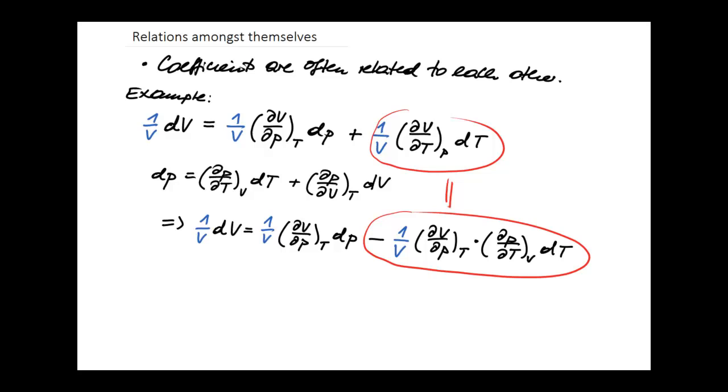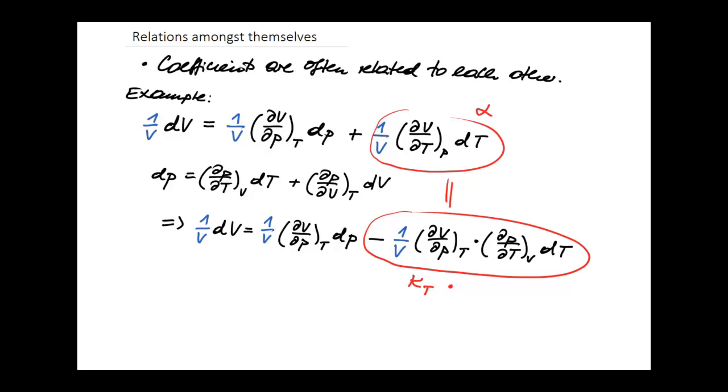On the first line, this is by definition the expansion coefficient, alpha. In the last line, we have a product, and minus 1 over the volume times the partial of volume over pressure at fixed temperature, this is the isothermal compressibility.